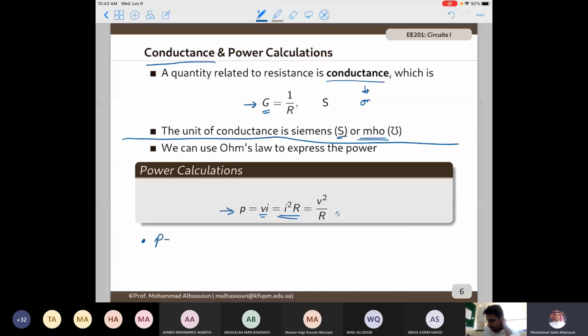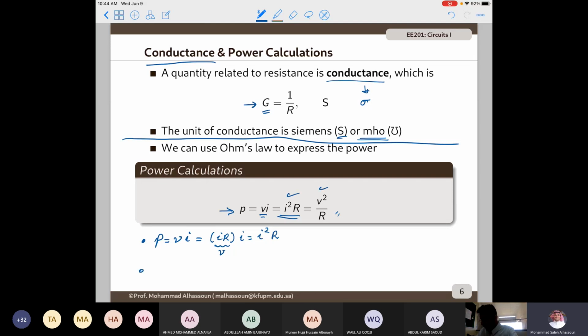Again, P equals V multiplied by I. And if you recall from Ohm's law, V equals I multiplied by R. So I have I squared multiplied by R. So now we derived this one.